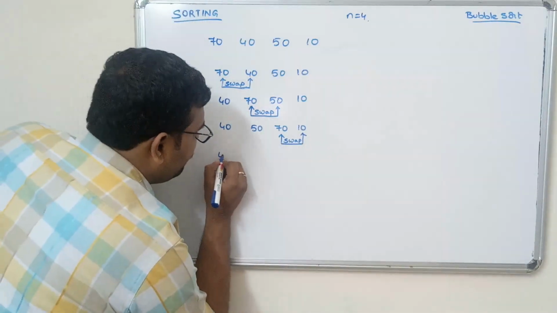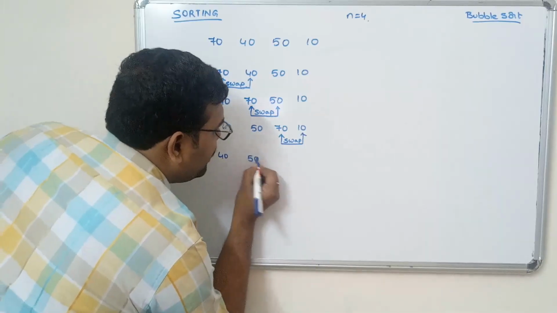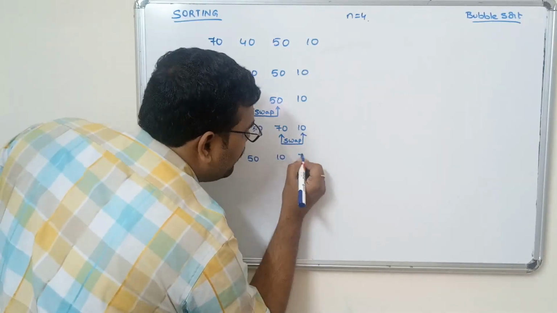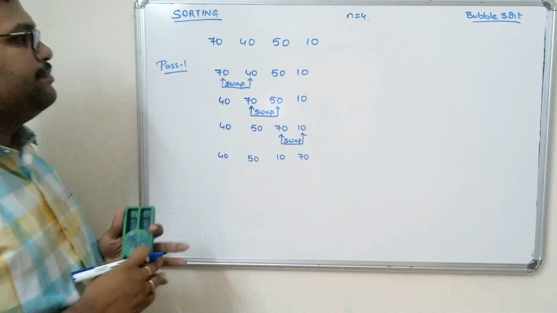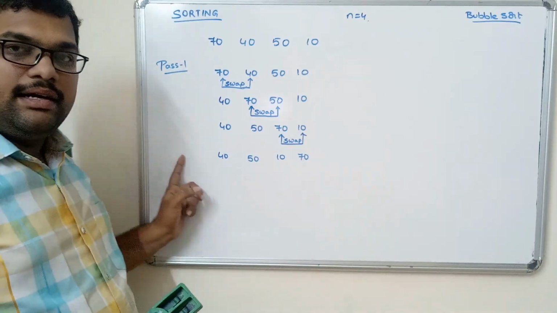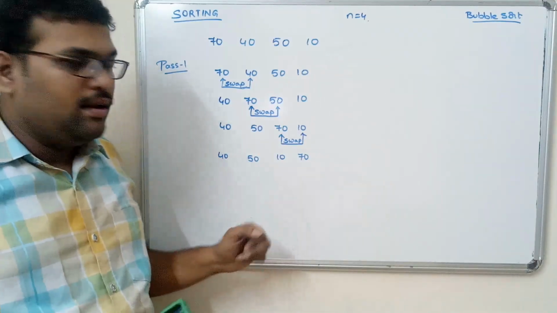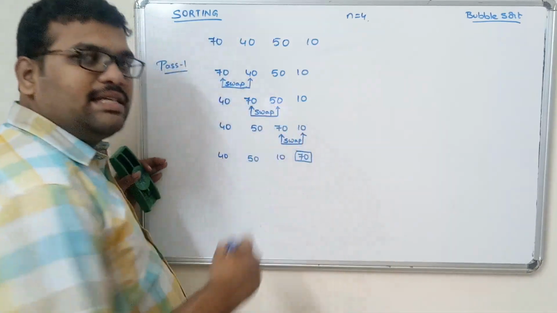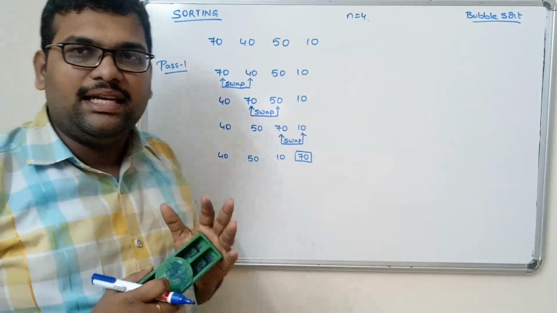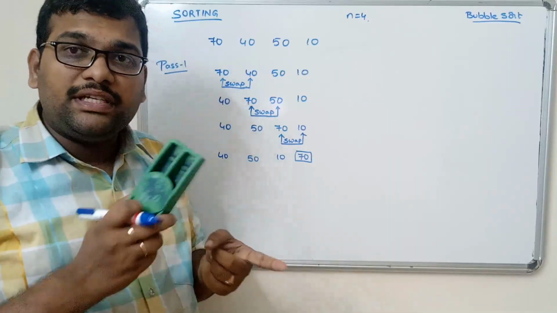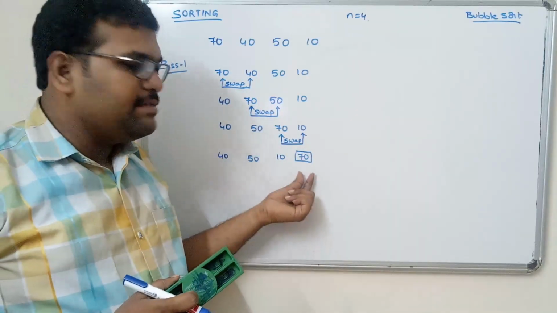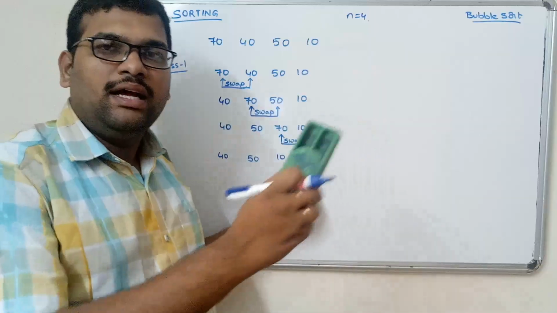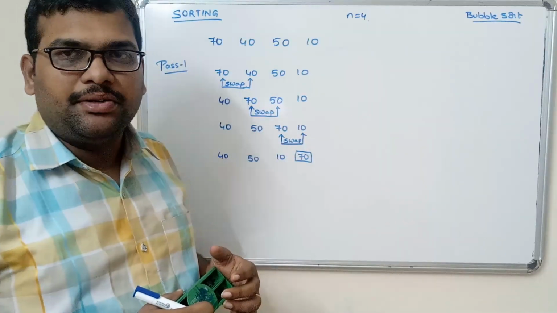The resultant will be 40, 50, 10 and 70. So this is the result of pass 1. Here we get the largest element. After the first pass, the largest element will be sent to the last position.